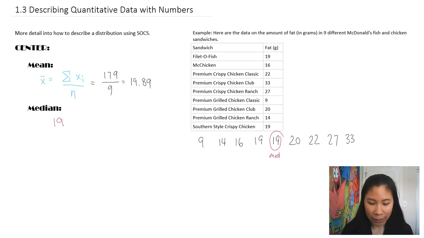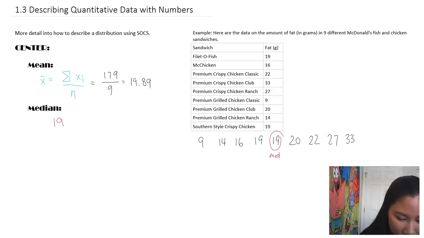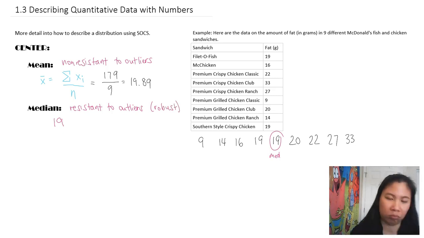We also talked about last time that the mean, because you are adding everything together and dividing by how many there are, is non-resistant to outliers. And a median is resistant. Another word you might see, which means the same thing, is robust.